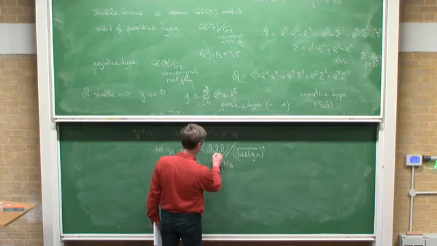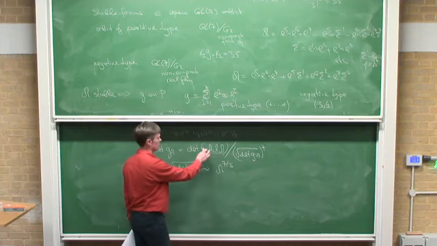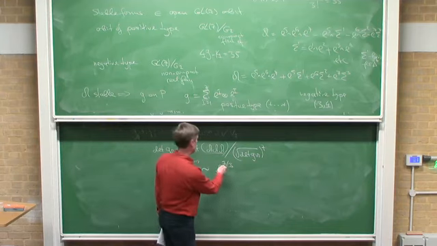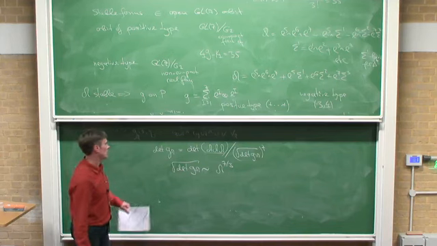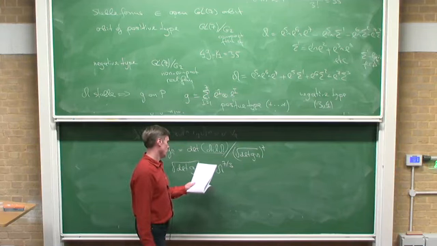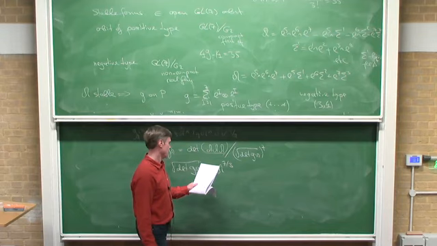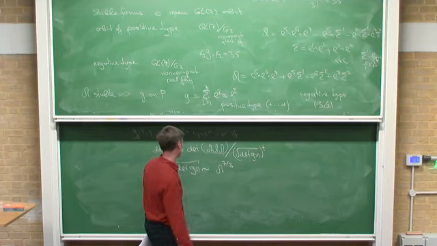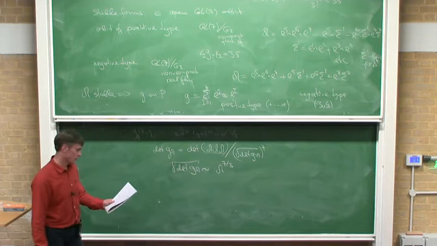Because this determinant here behaves as omega to the 21st power, this is why I'm getting 7/3. Yeah, this is the correct scaling. The scale is omega to the 7/3.